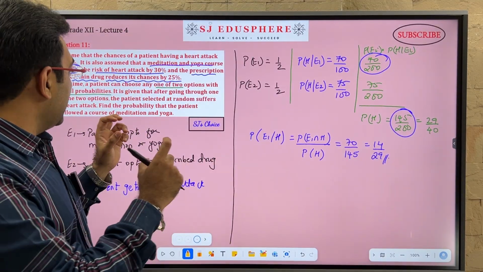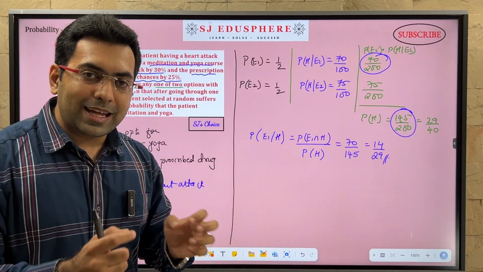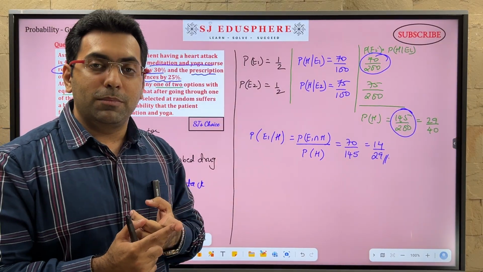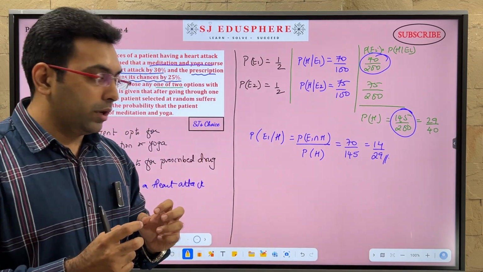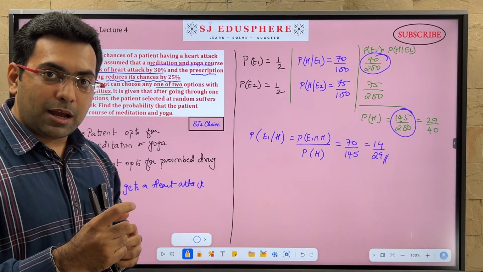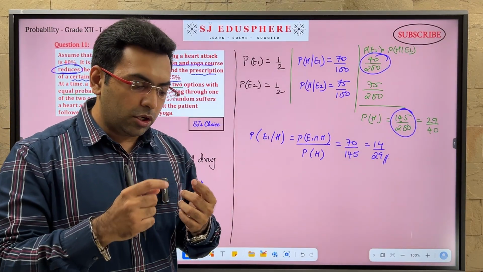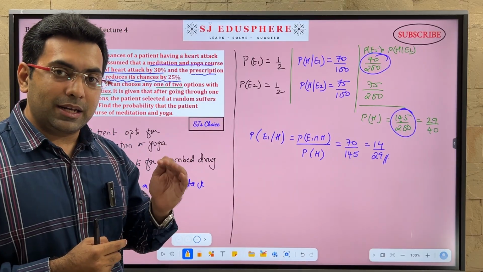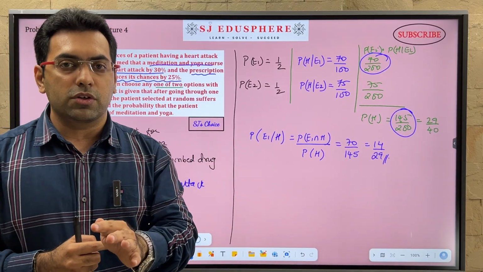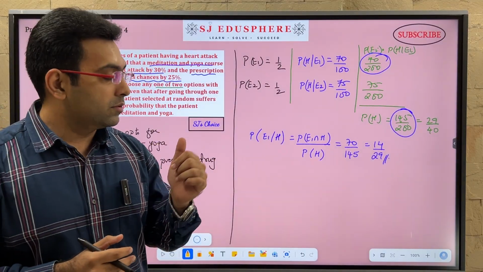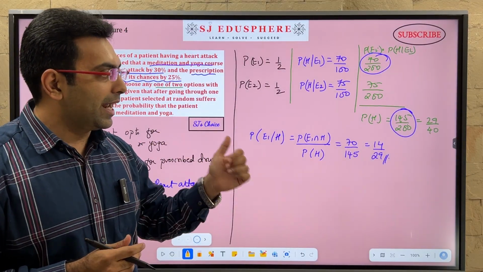Looking at these 11 sums, all types of sums for Bayes theorem and law of total probability are covered here. So watch them properly, understand the grammar. I again repeat, do not jump to the direct answer. Define, interpret in simple language, then go for solving, and definitely your answers will be right.